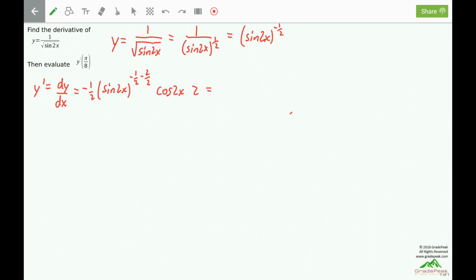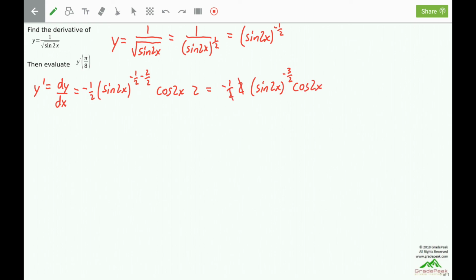Now everything is multiplied here, so this 2 can move out front with the negative 1/2. And so I can write it as negative 1/2 times 2. And I will have a sine of 2x to the minus 1 minus 2, negative 3/2 power, and then a cosine of 2x.